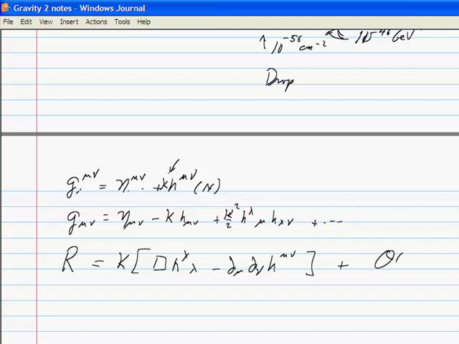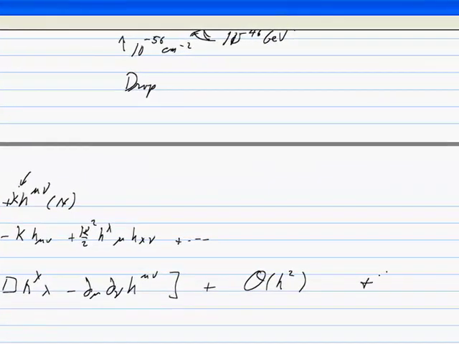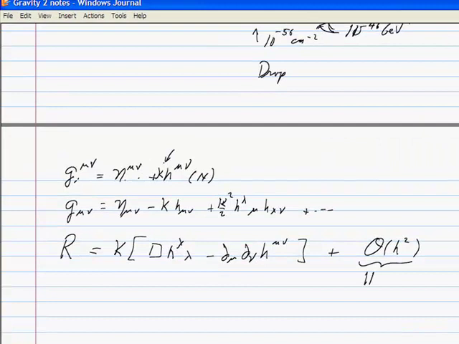And then there's of order h squared, in order h cubed plus dot dot dot h to the fourth, etc. The h squared piece was in your homework. That's the term, if I multiply by 2 over kappa squared, that I wrote into your homework. So you've seen that guy exactly.